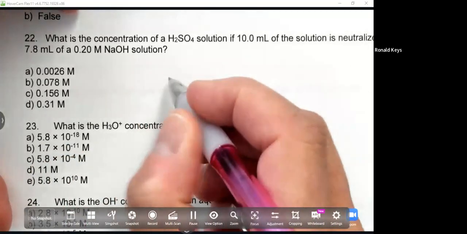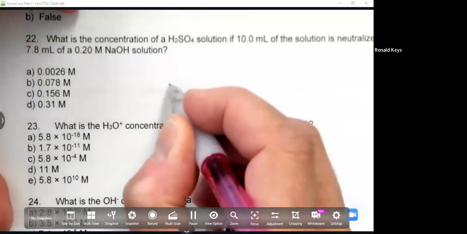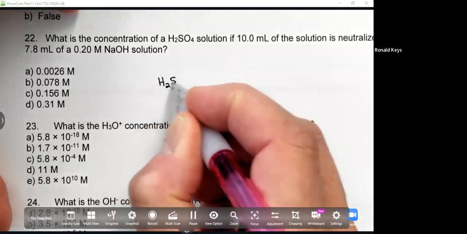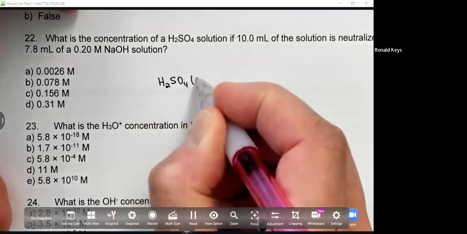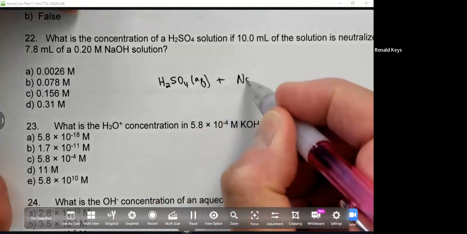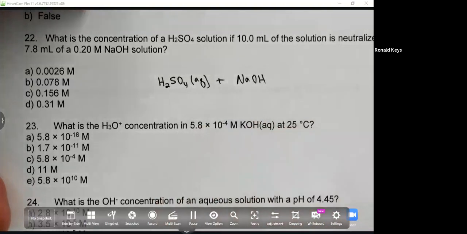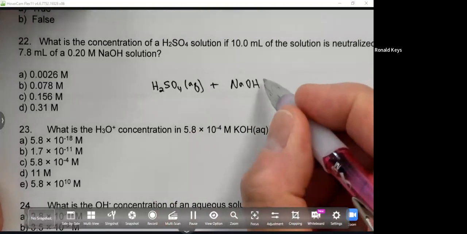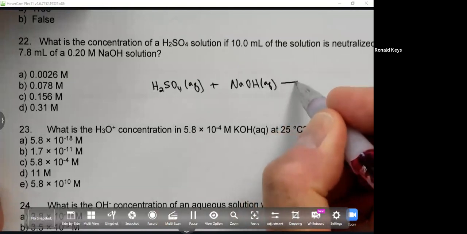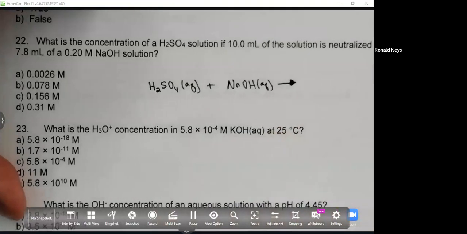So let's do our reaction here first. H2SO4 plus NaOH. This is a double replacement neutralization.